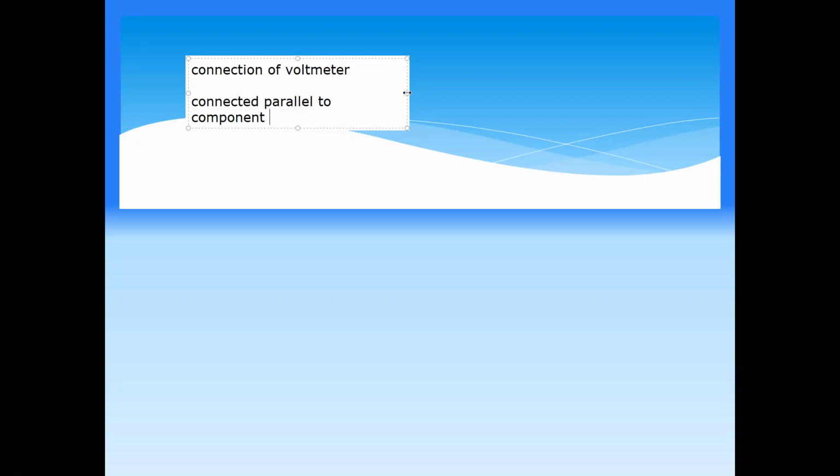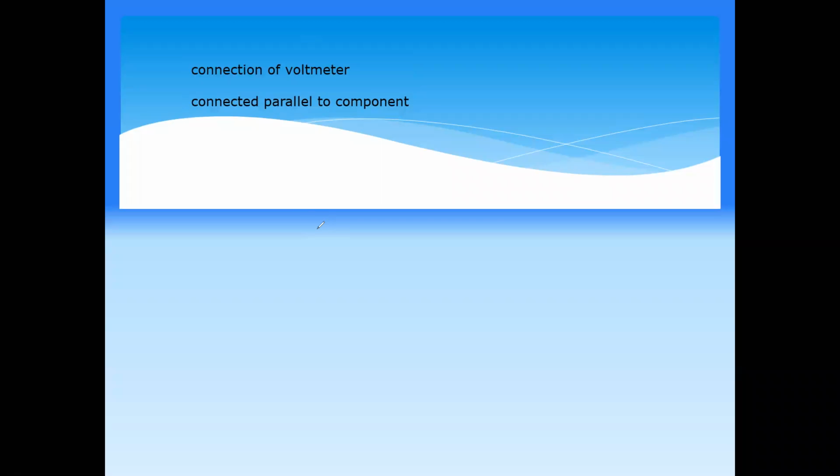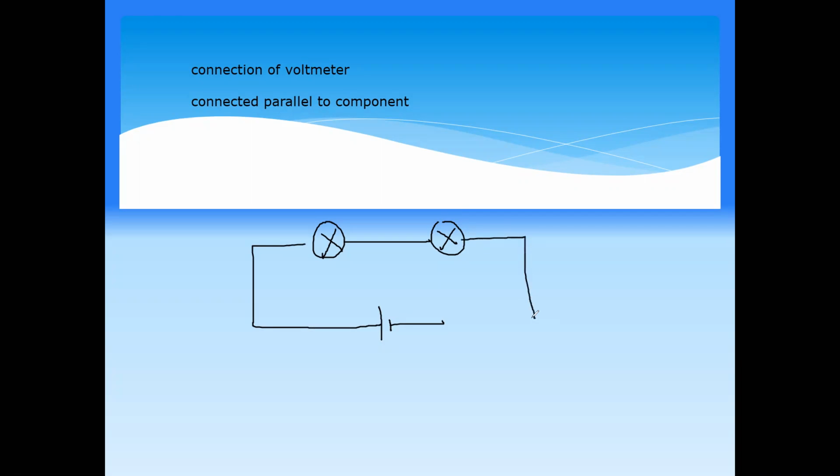So if there's a circuit which has, for example, a lamp and a battery, this is the positive and negative terminal. So what happens?